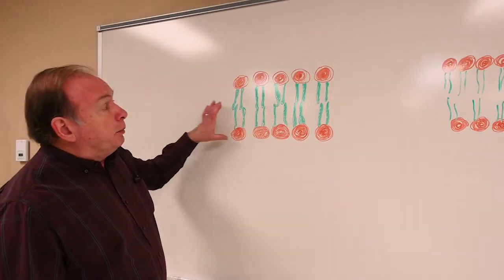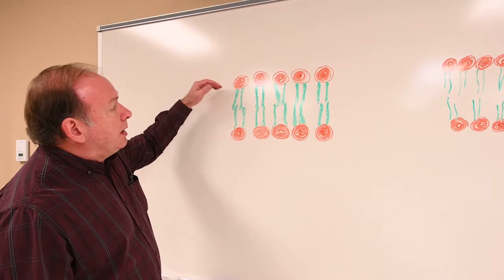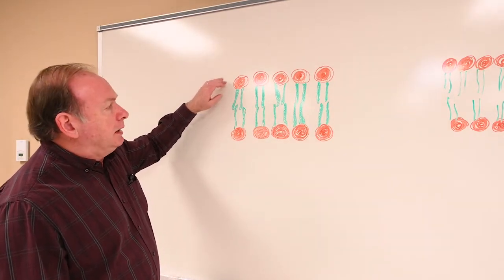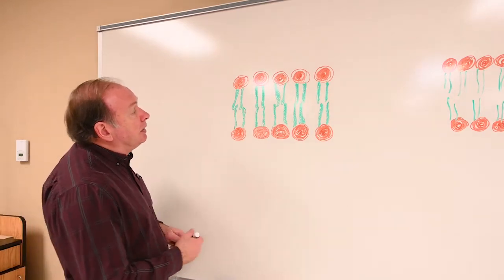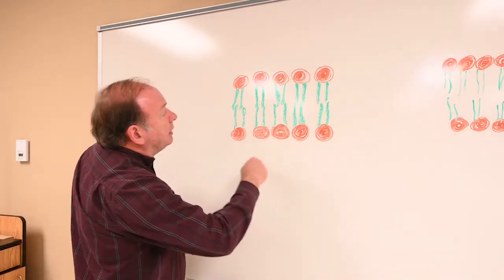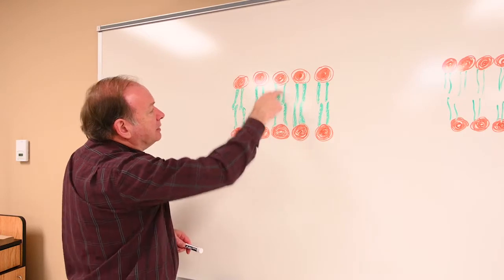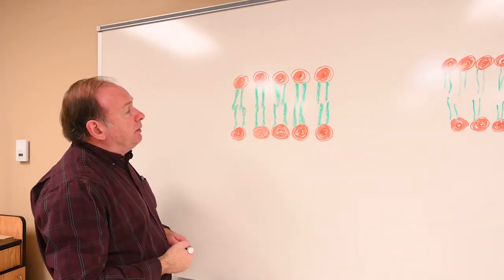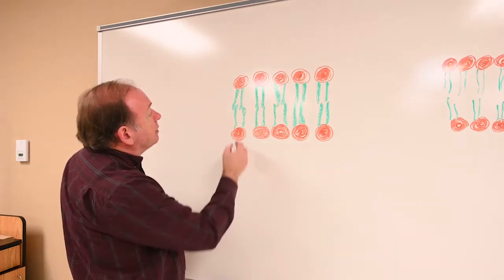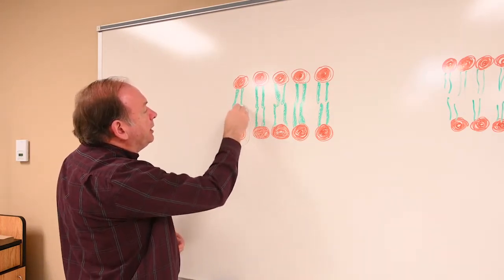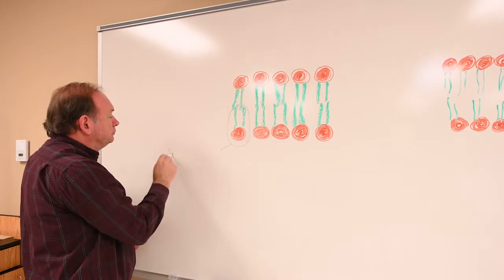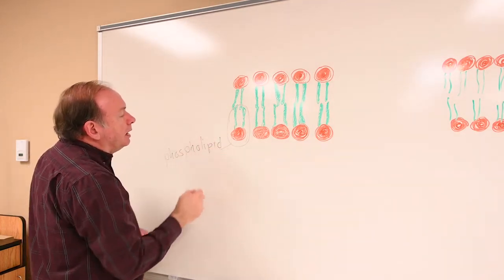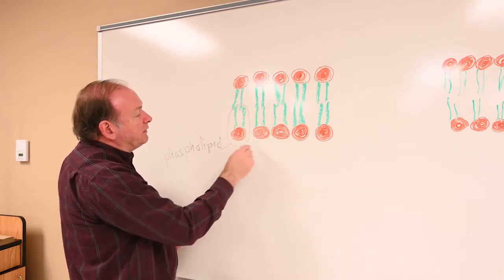Now the cell membrane or plasmalemma is made up of what we call a phospholipid bilayer. The phosphate heads are the brown circles here, and then the fatty acid tails are two green extensions coming off of each of the phosphate heads. So this single one here would be a phospholipid, a single phospholipid with a phosphate head.